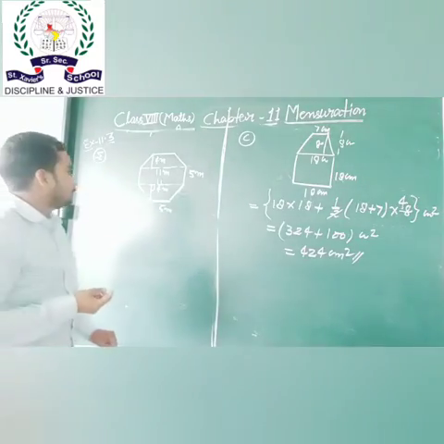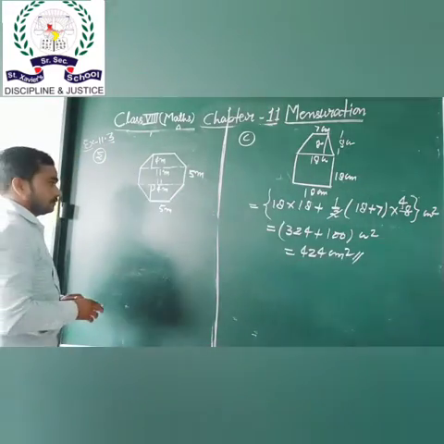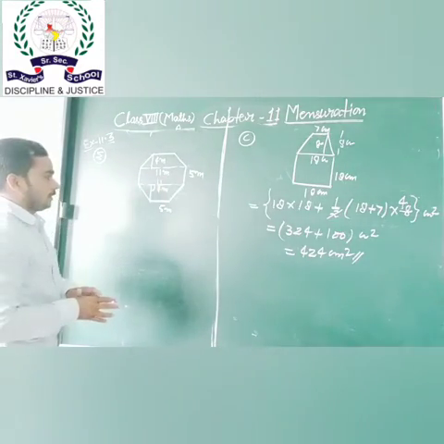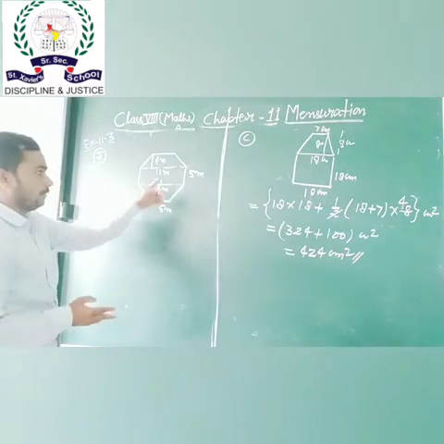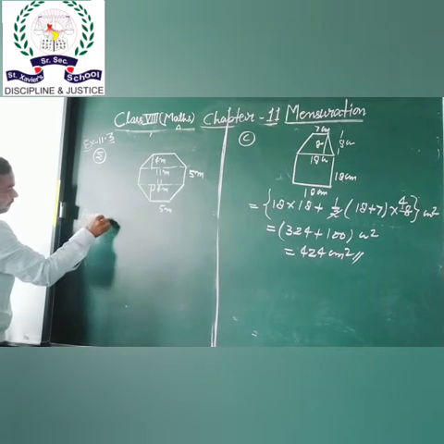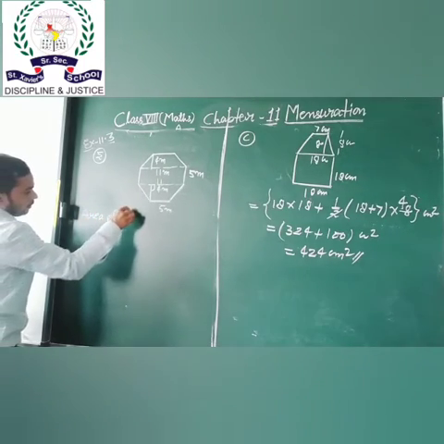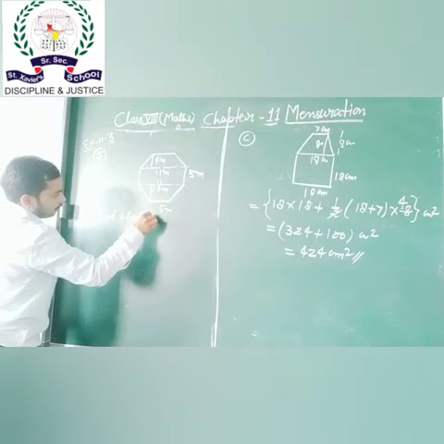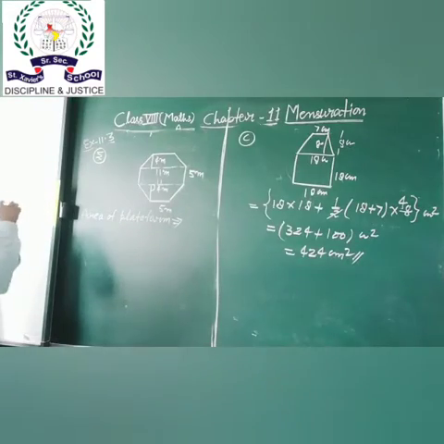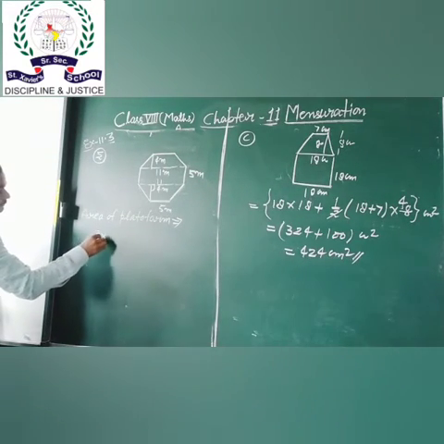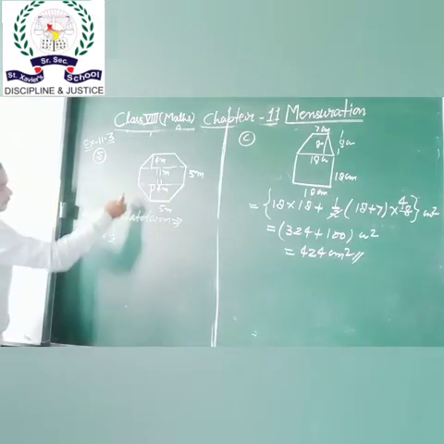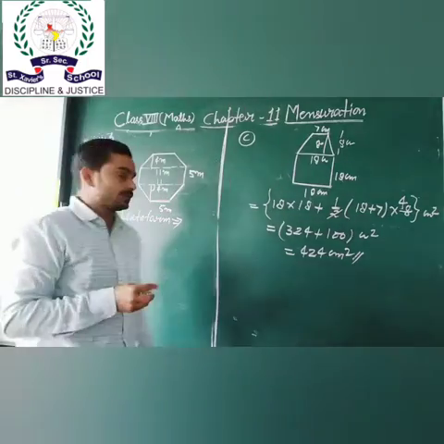So we have two trapezium with the same dimensions. In the middle portion we have a rectangle of length 11 and breadth 5. So the area of the platform equals 2 into 1 upon 2, because we have two trapezium with the same dimensions.